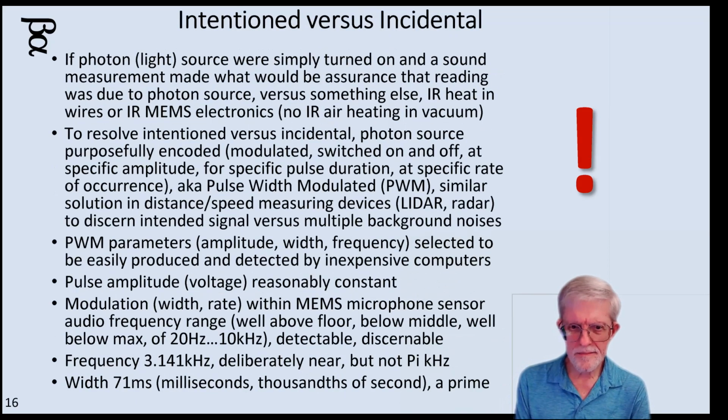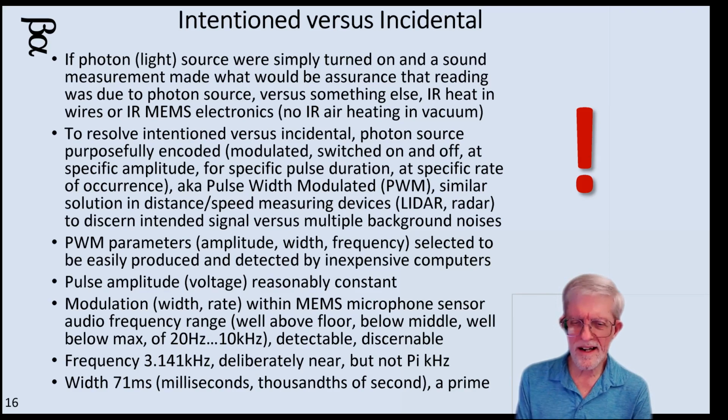This one is something that I actually pulled from the world of LiDAR and radar. So when a police officer is measuring the speed of your excessively fast traveling vehicle and he points the radar gun at you, how does the radar gun know that the radio signal that's sent out that bounces off your front bumper is actually from his radar gun?